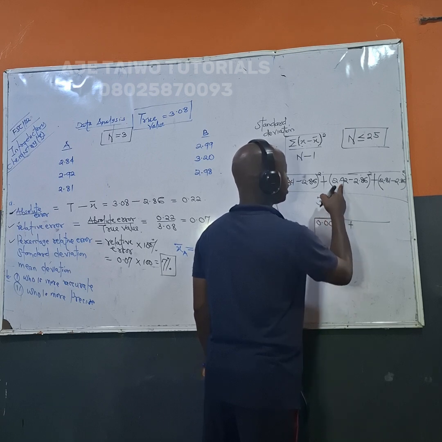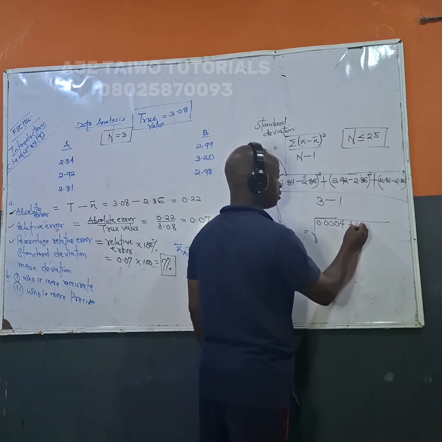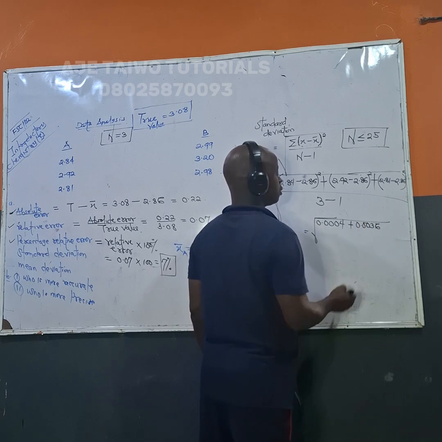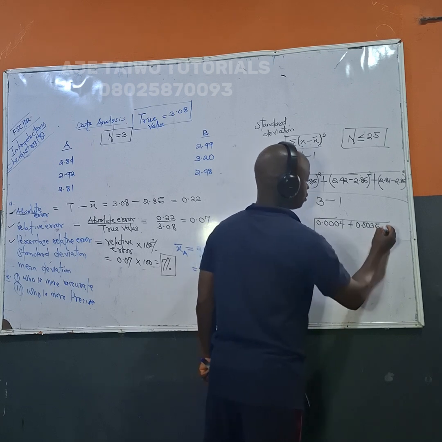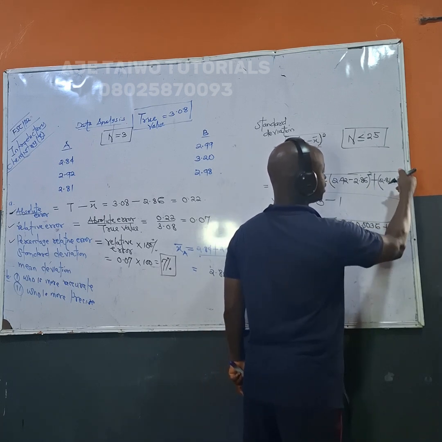Plus 2.92 minus 2.86. What's the answer? Plus 2.81 minus 2.86 all squared.